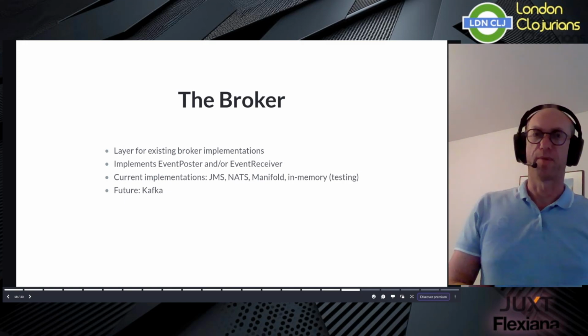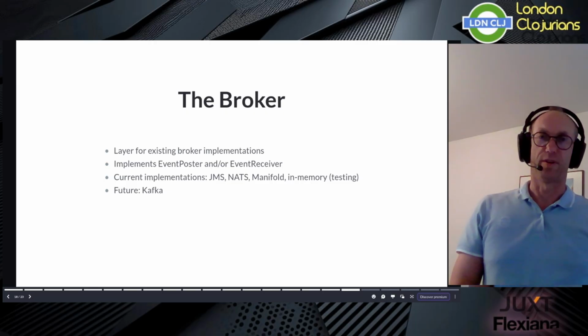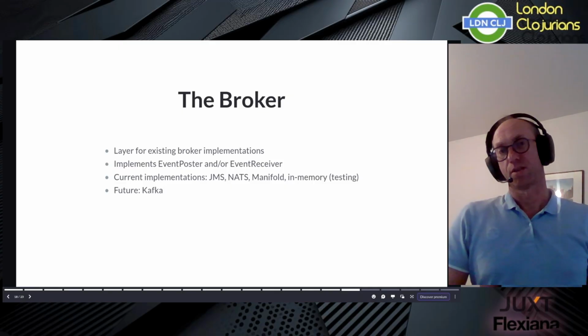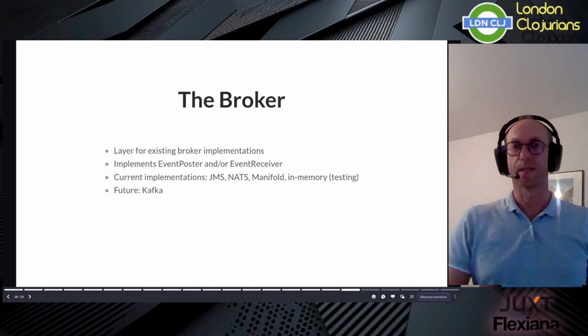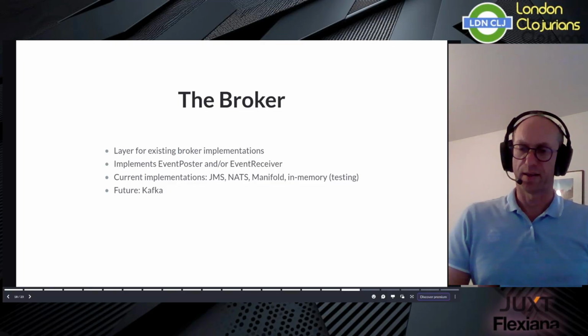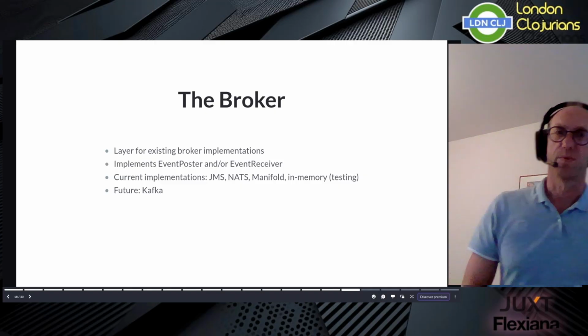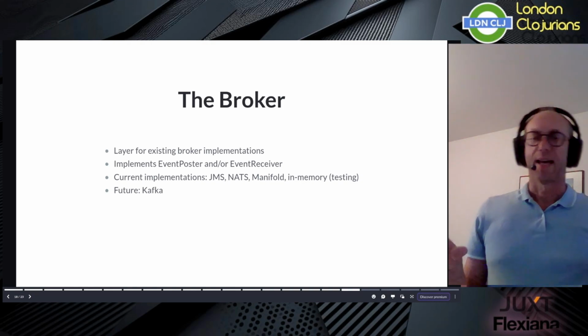So the current implementations I have already written for Mailman are one for JMS, which is more or less the Java standard for messaging and eventing. NATS, which is perhaps not that well known, but it's a messaging implementation that tries to create the best of both worlds, or combine the features of the JMS style and the Kafka style.